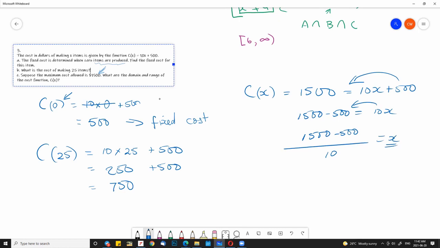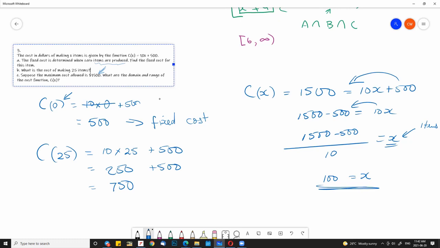This will be the maximum. Remember, x is items, right? 1,000 divided by 10 equals 100. This is the most items we could produce.